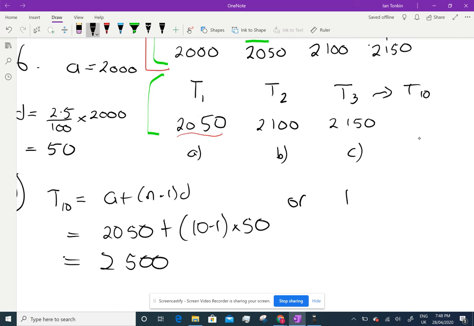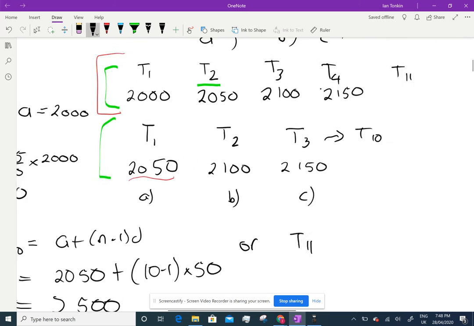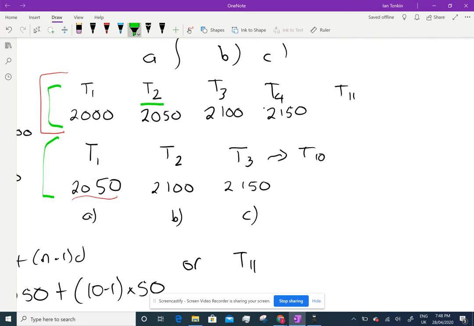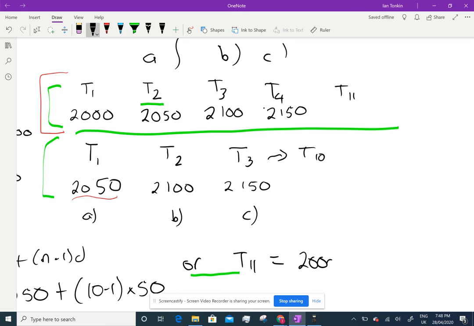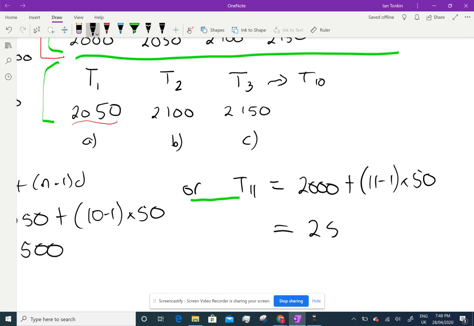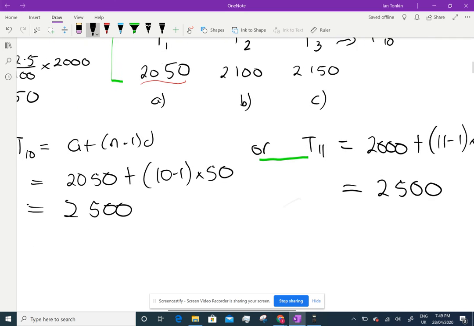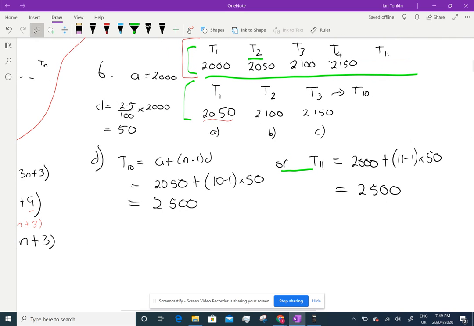Or I can find T of 11 of this series, so a different series, which is going to be 2,000 plus (11 minus 1) times 50, which is 2,500. Well, whichever method you use, it all depends on what you're going to write as your starting point and how you're going to write your series.